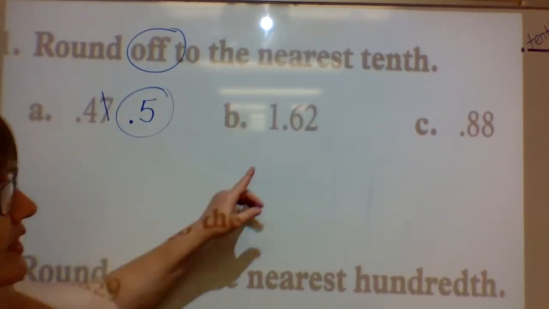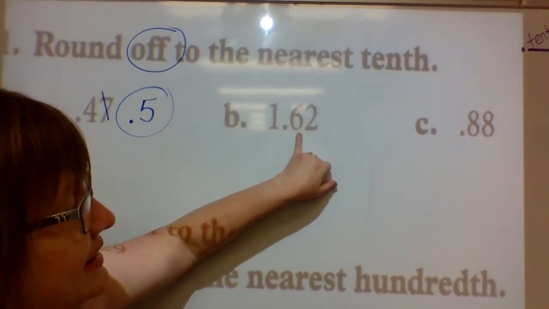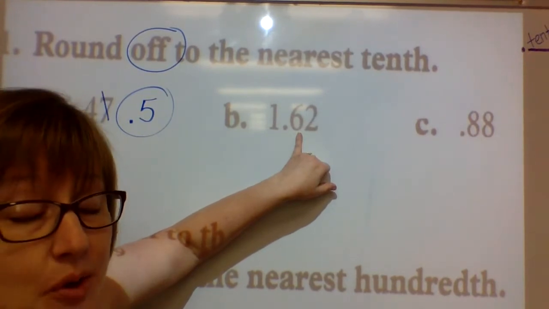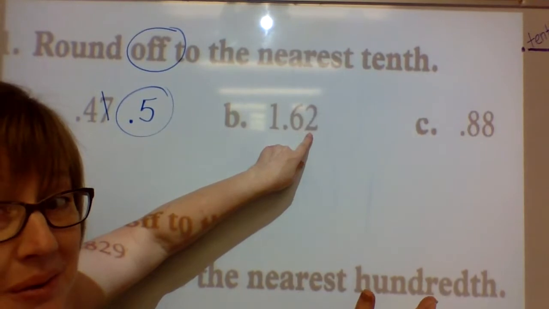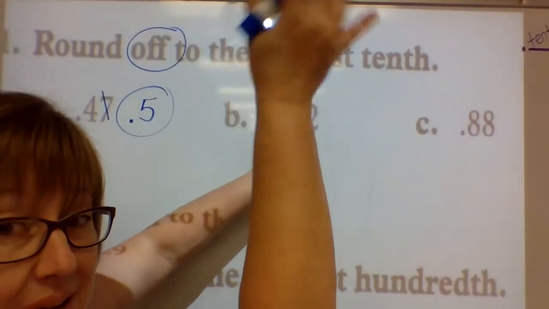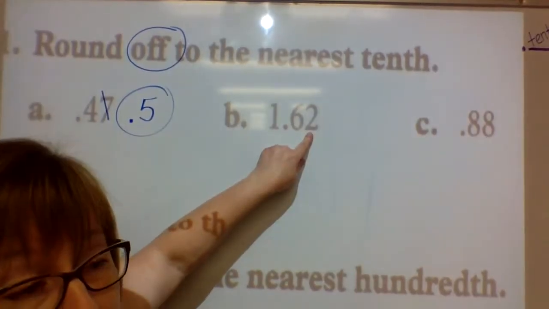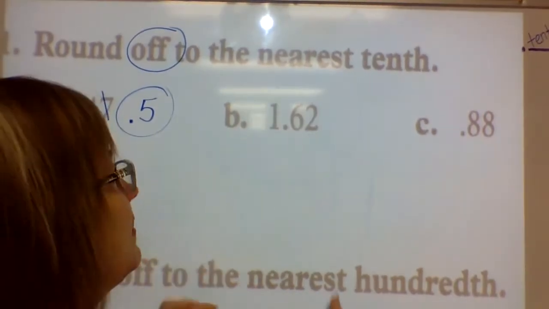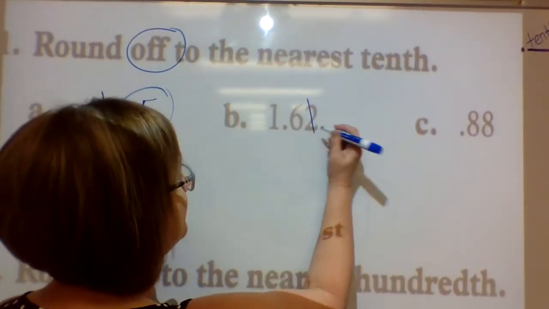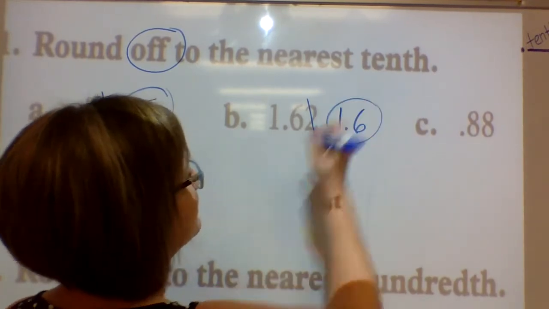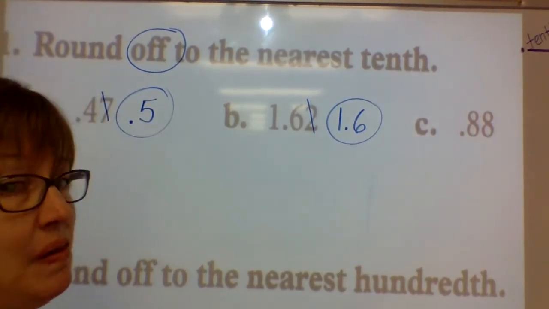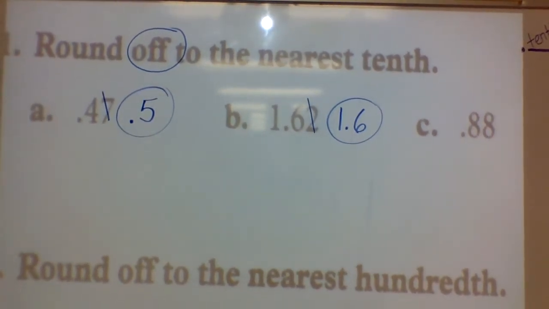Okay? On this one, it's either 1 and 6 tenths or 1 and 7 tenths. Look to the right. It's a 2. Does it round up, or 4 and down we round it down? So it's going to round off, and it's going to be 1 and 6 tenths. You see? Okay, let me pull this over.